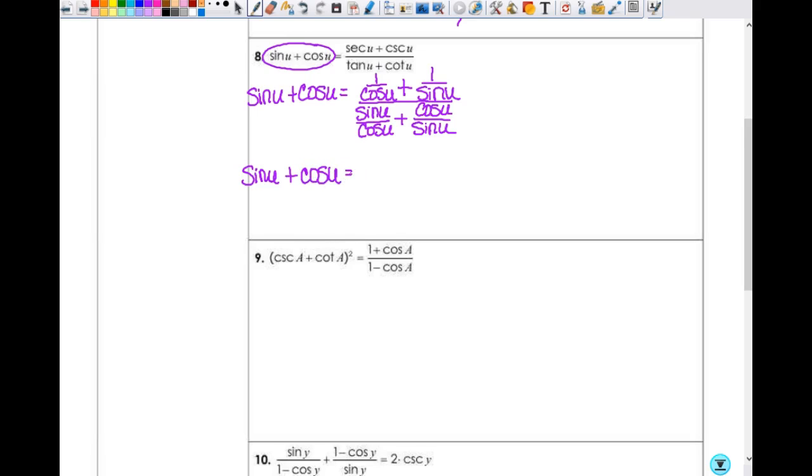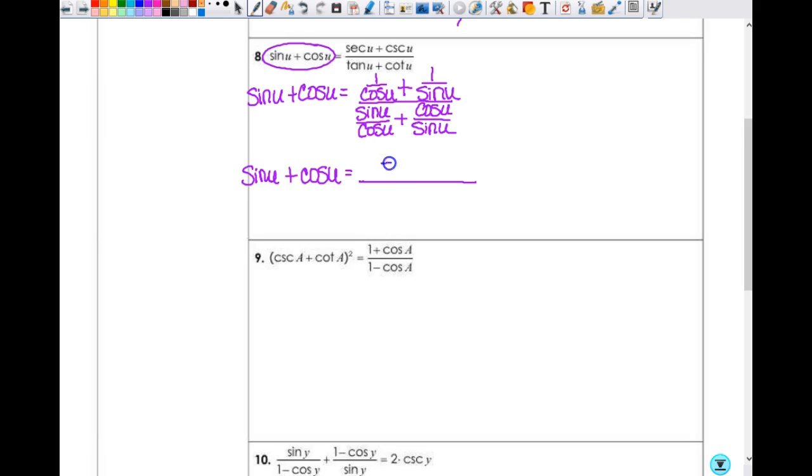Now, most of the time when you have two fractions, you want to try and put them together. So I'm going to take the numerator and I need to get a common denominator. So I'm going to make this big fraction bar. That's actually the middle of this. So in the numerator, those two fractions, what would my common denominator be? Cosine u, sine u, right?